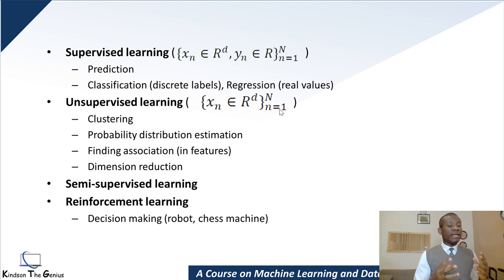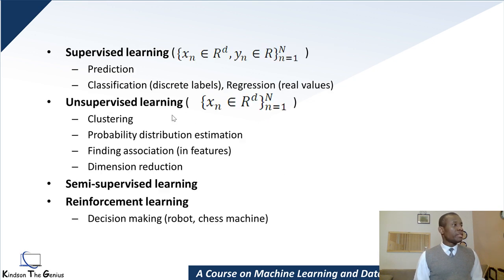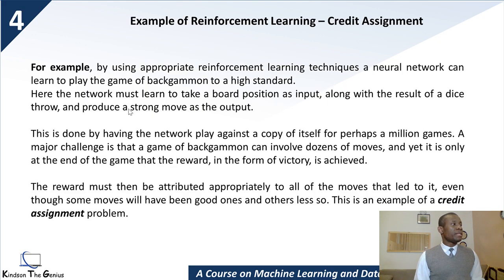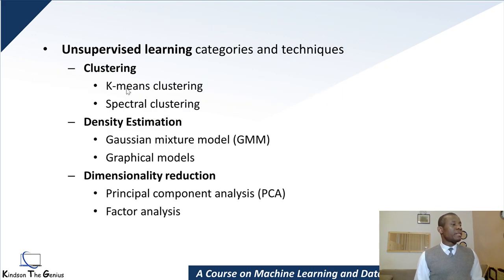We are trying to find association of features and dimensionality reduction, and so on and so forth. So try to read up on this and try to understand differences between these classes of machine learning problems that we've talked about. So going back, this is supervised, unsupervised, semi-supervised, reinforcement, and this is about the same thing we've done, and I'm going to just move on.